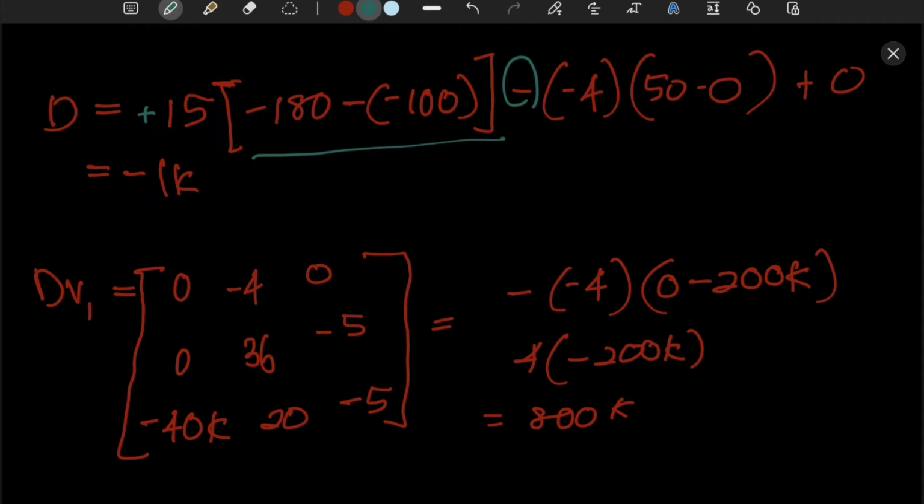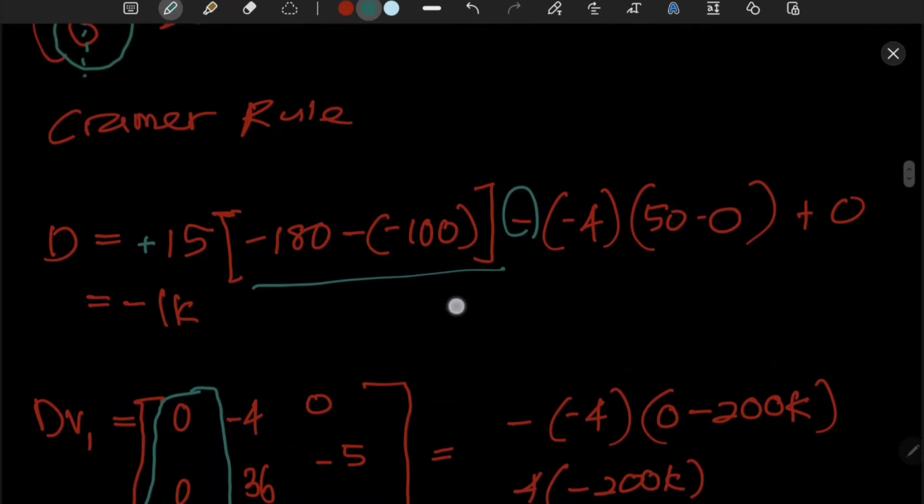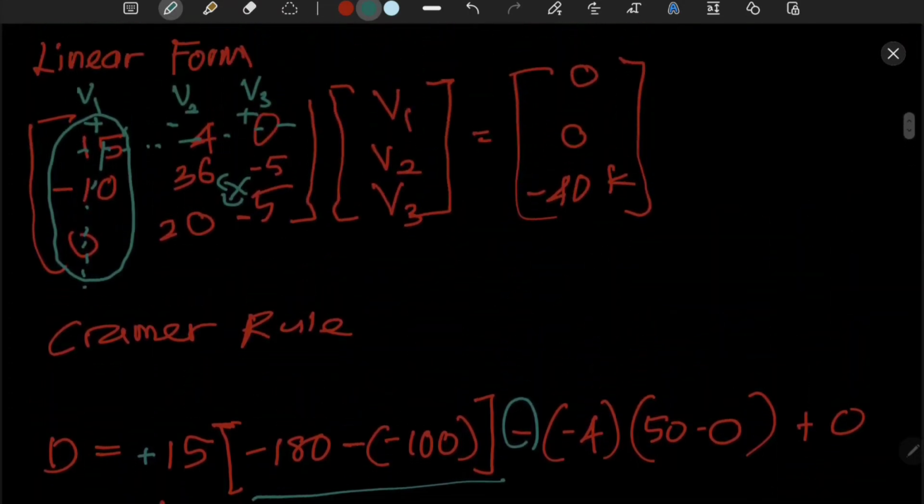Then we calculate the determinant by substituting this row, the first row from the first equation that we did. Sorry, this is a row.